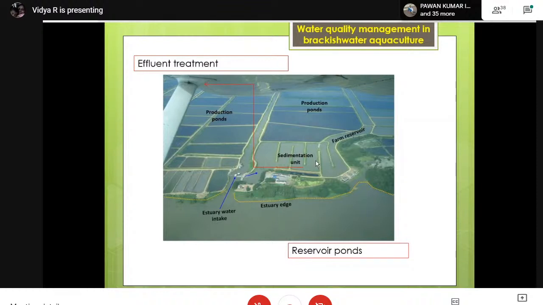At the other side, there will be an effluent treatment pond or unit, where the water coming out of the farm will be treated and released back into the creeks. That ensures the safety of the environment, so that other people can also utilize this water. So the water which goes in and comes out of the shrimp farm should be of good quality, and we have to ensure the safety of the environment.